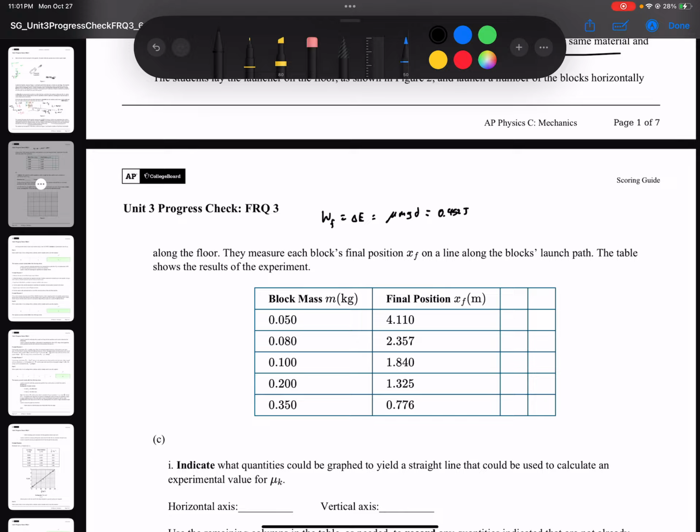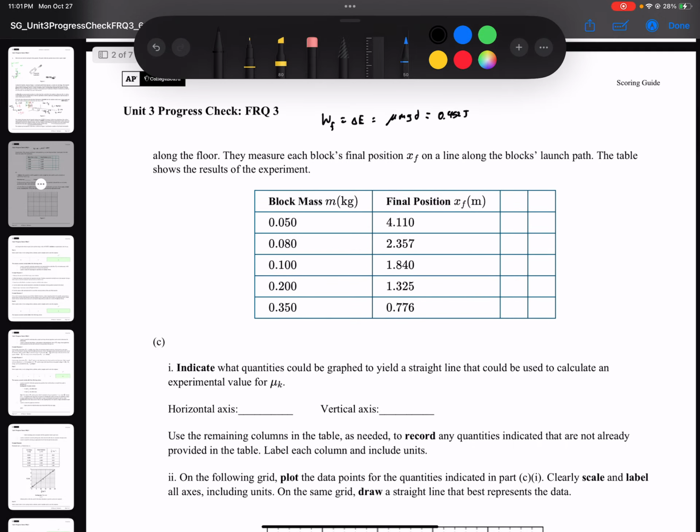And we need to figure out how we can find mu sub k. So we're going to calculate mu sub k. We need to set up mu sub k as part of the slope of our line; the slope of our line has to have mu sub k within it. So again, I'm going to make my final position my dependent variable, right?